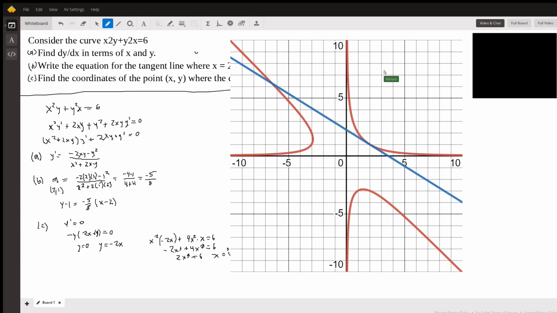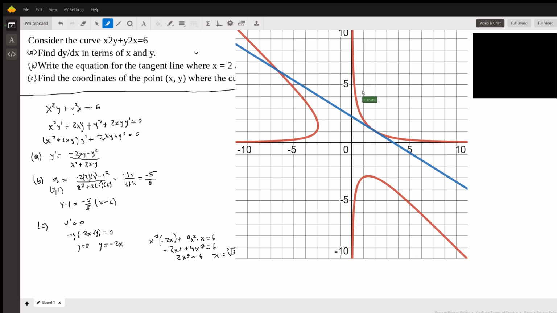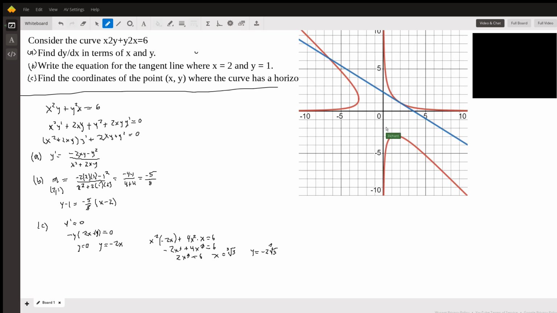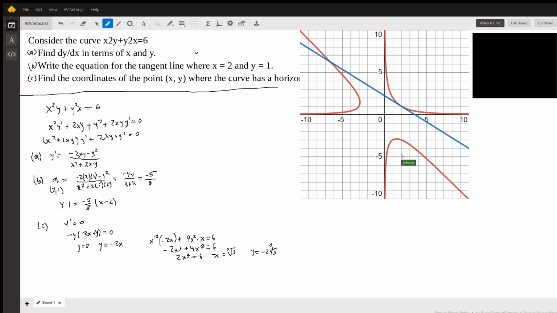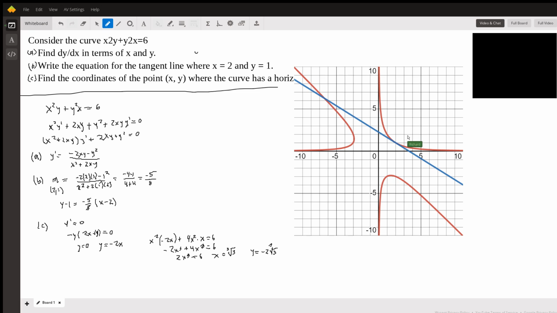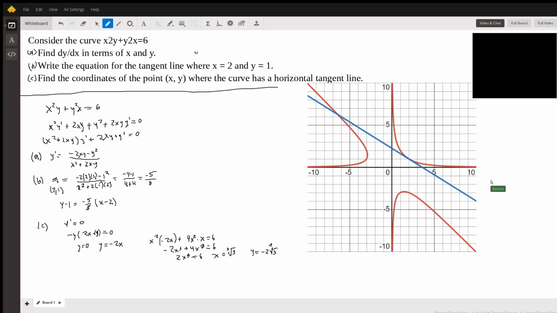You need to be able to solve the problem by hand first. And then, so the red portion is the original function. And so it's got these three arms here.